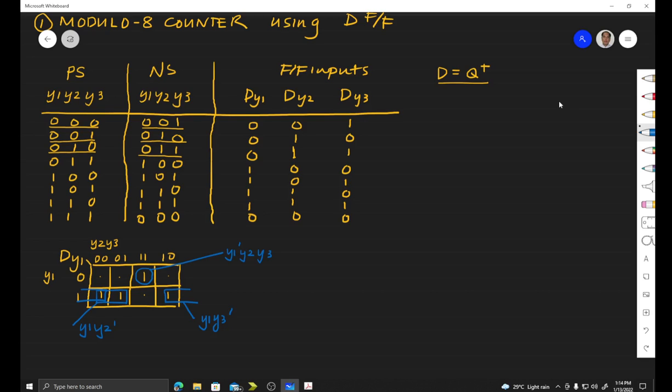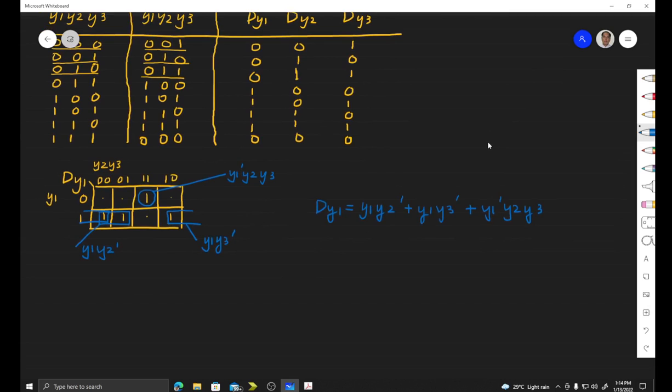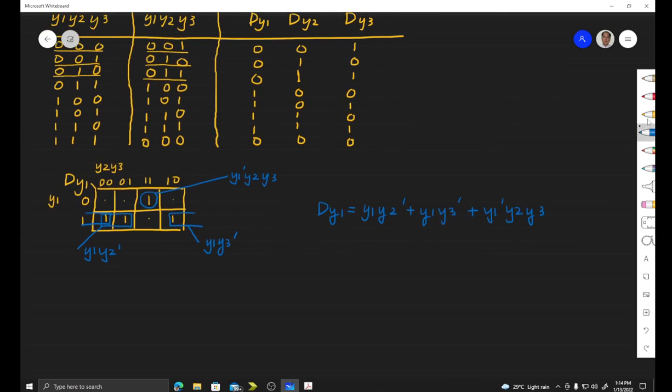So the equation for dy1 is y1 y2 prime plus y1 y3 prime plus y1 prime (or complement) y2 y3. So also for dy2 and dy3, we will do the same, applying K-map.